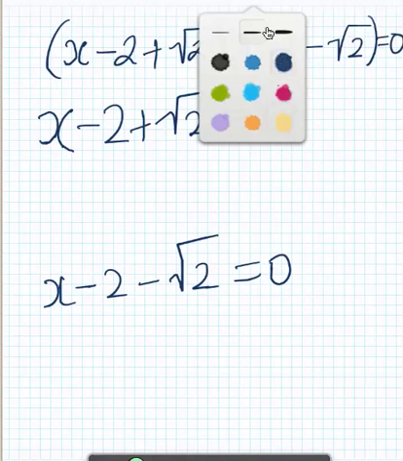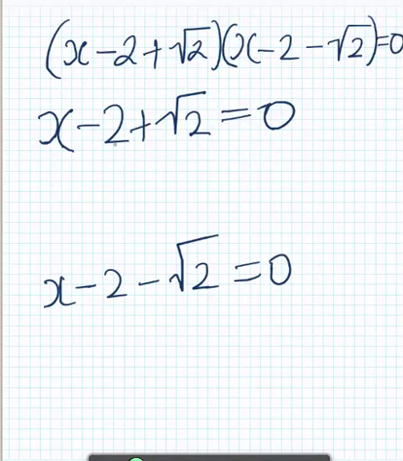Here, to solve this, x has to equal everything else. So the minus 2 has to go on this side, and the plus square root of 2 has to go on that side too. The opposite of minus 2 is plus 2 on this side. The opposite of plus the square root of 2 is minus the square root of 2.